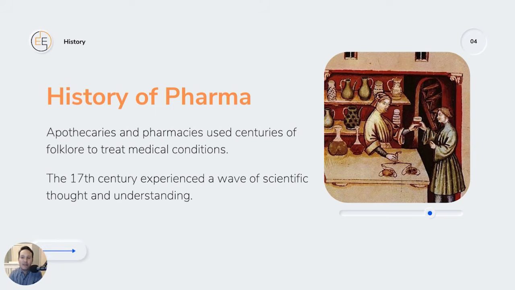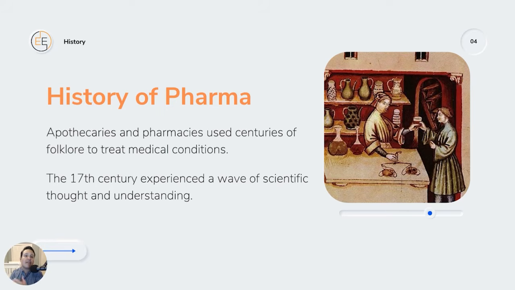Now, I'm a firm believer that the best way to learn something is to first understand its origin. When you unravel origins, you have a better understanding of how things work and how they became integrated into our lives. So that's how we're going to kick this lecture off, starting with the history of pharmaceuticals. In the Middle Ages, apothecaries and pharmacies offered traditional remedies based on centuries of folk knowledge.